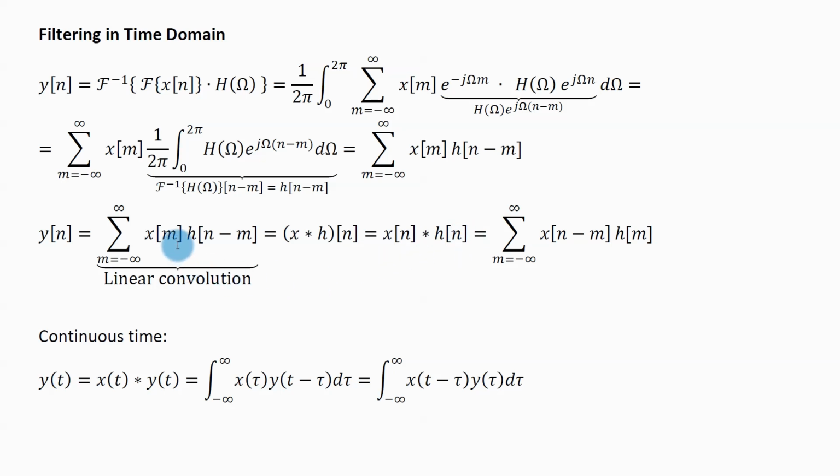If we do a change of variables in this sum, we can actually rewrite that sum into this form. So we can also write the linear convolution like this. Now this linear convolution is a fairly cryptic expression. We are taking our signal and we are multiplying it by some function h, and we are doing this sum. But the thing to remember is that this is equivalent to the filtering in the spectral domain.